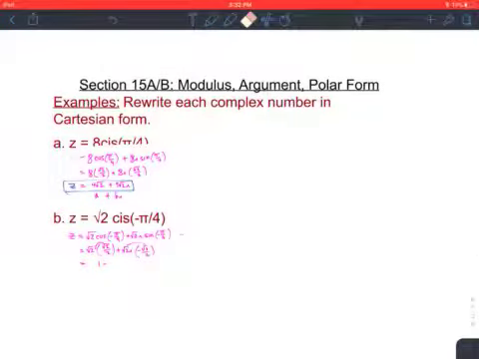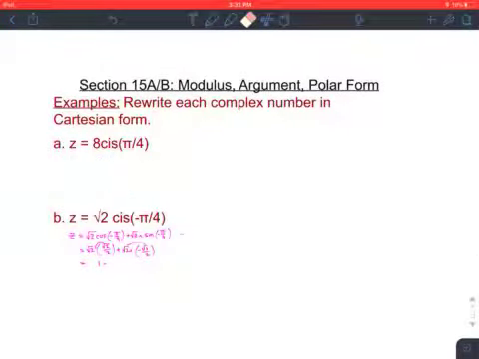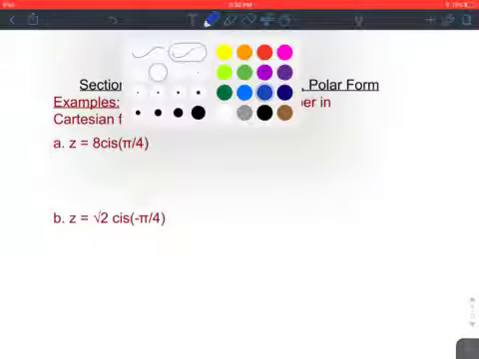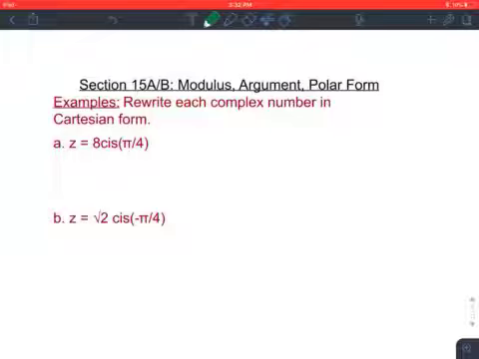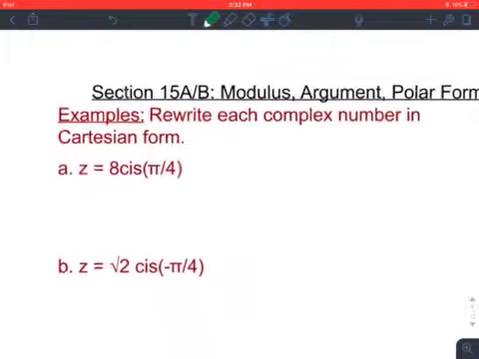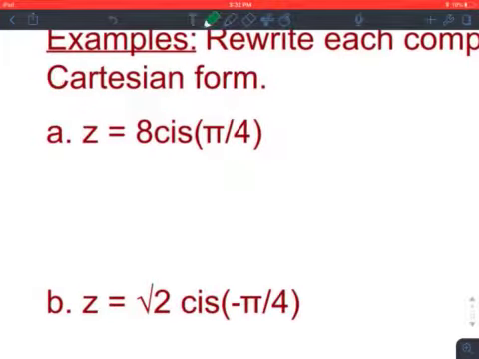A couple other things we have to do is rewrite. We're given maybe polar or Euler form, and we have to go back to Cartesian form. And so let's try it with this one. Rewrite each complex number in Cartesian form.